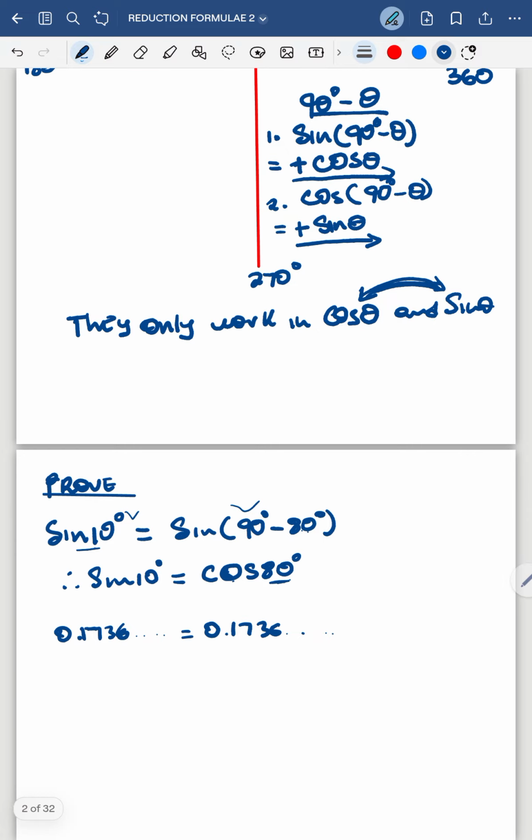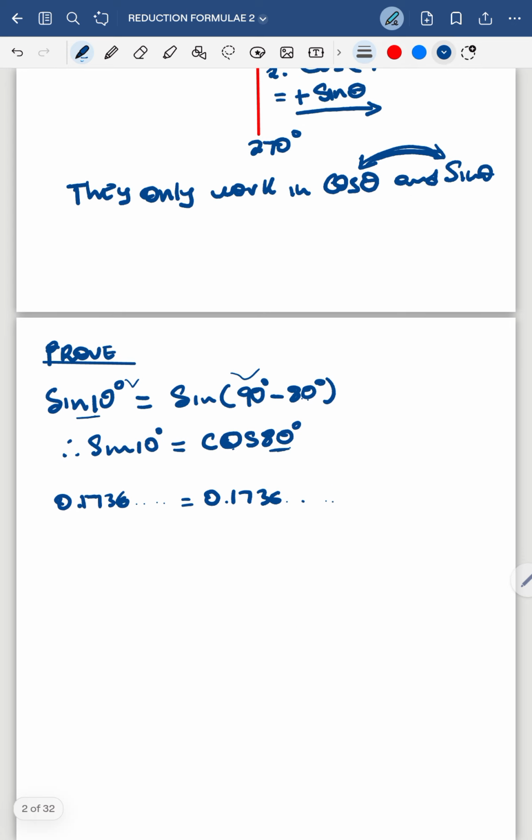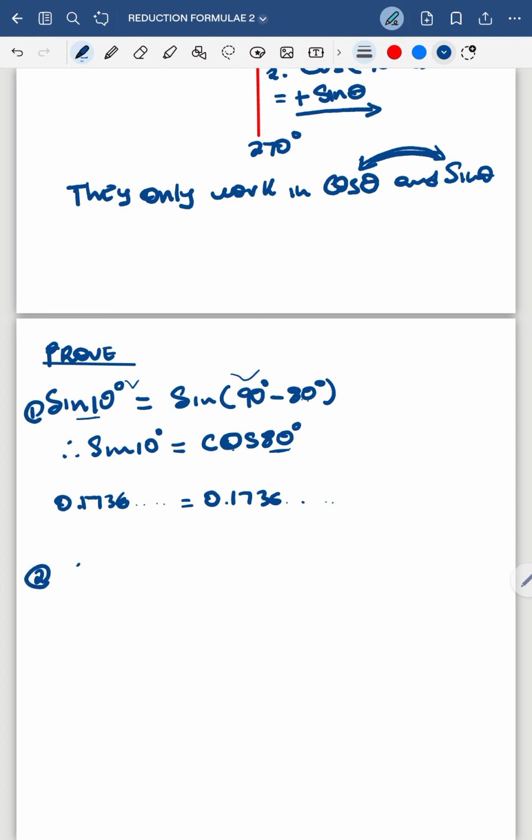And also we can prove the one for cosine. So if we have here cosine, number one, number two. If we have cosine 80 degrees, then it is equal to, let's not start with the cofunction, but let's start with expanding what is on the left hand side.